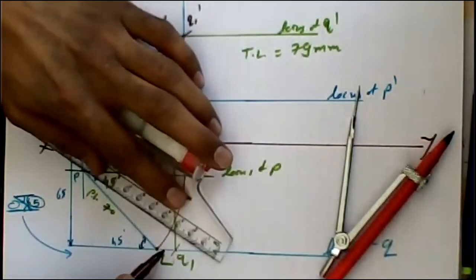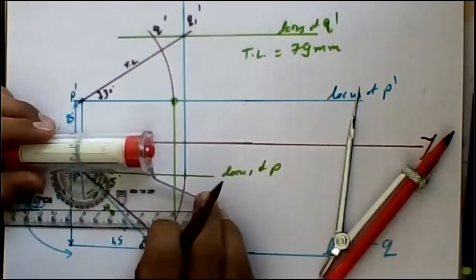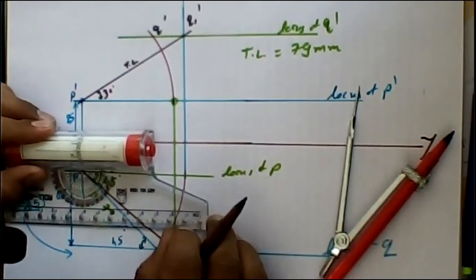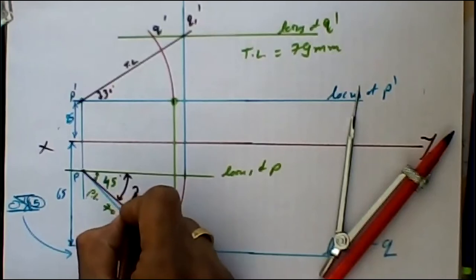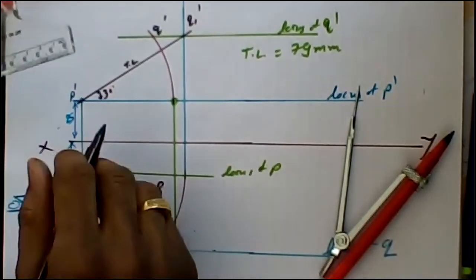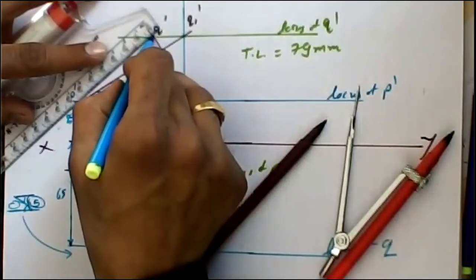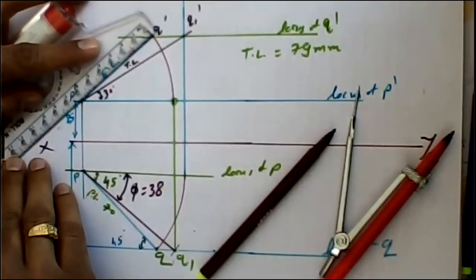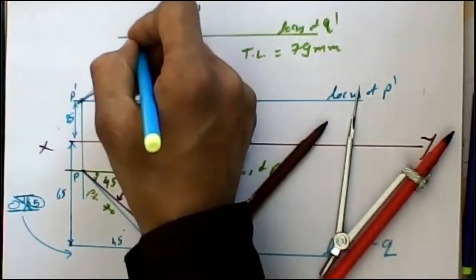Now when I join this one, PQ1, it is the true length presented in plan. If I measure its angle, it is going to be 38 degrees. Phi is 38. And if I join this one, it is the elevation length. You can measure the elevation length also. It is 63 units, 63 mm.